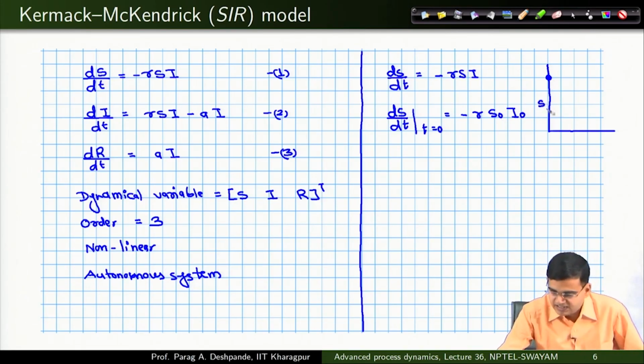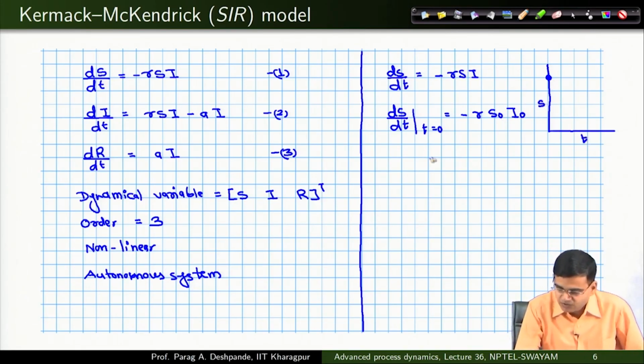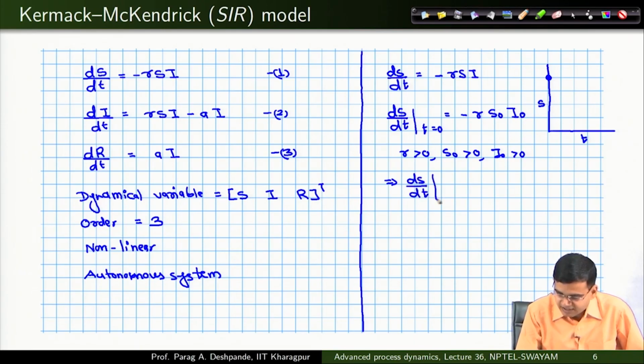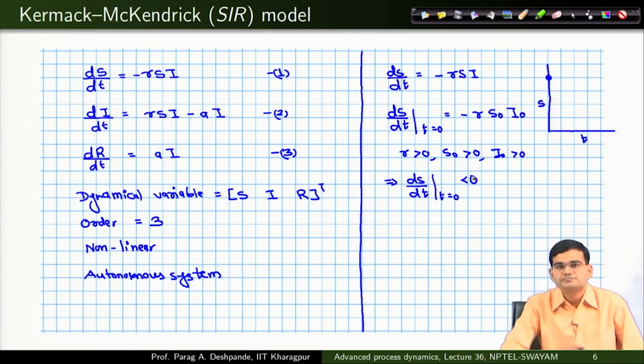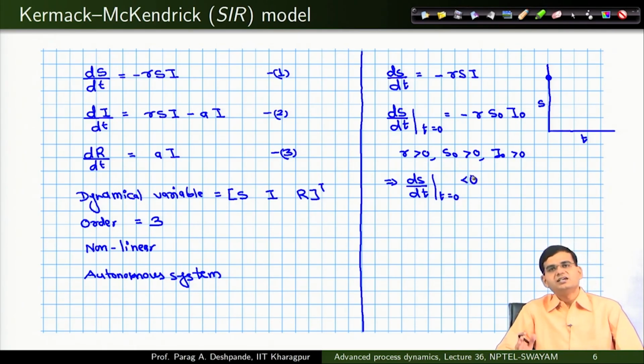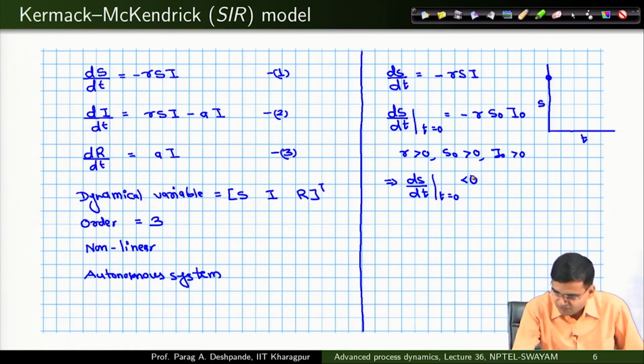So, this is S, this is t, and I know that r is greater than 0, S0 is a population greater than 0, I0 population greater than 0, which means dS/dt at t is equal to 0 is always less than 0, which means that my gradient during the initial stages of the pandemic or epidemic would be negative.